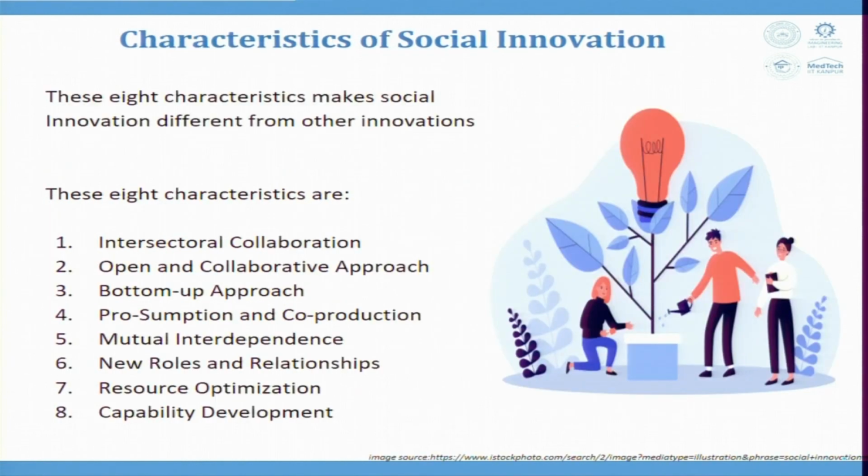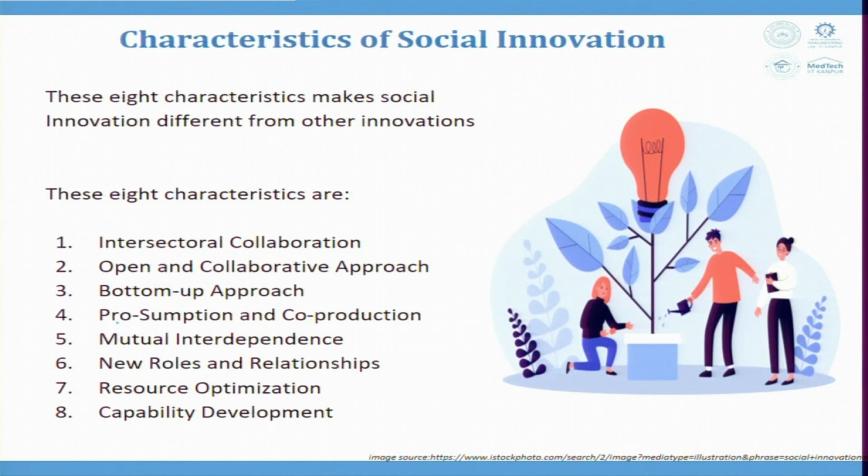Now, if we move on to characteristics of social innovation, there are 8 characteristics that make social innovation different from other innovation. The first one is going to be intersectorial collaboration. The next one is going to be open and collaborative approaches. The third is bottom up approach.